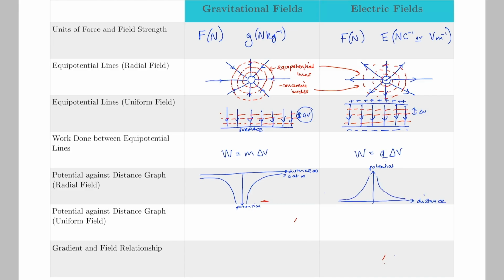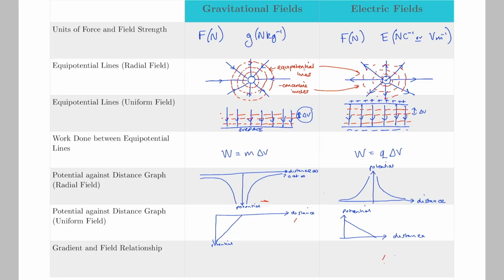And the potential against distance for a uniform field against gravity, again, we're going to start with potential down here from a negative value. So the potential against distance graph looks like that. And the potential against distance graph for the electric field, depending on whether it's a positive or minus charge, and distance is a nice straight line with a constant gradient.